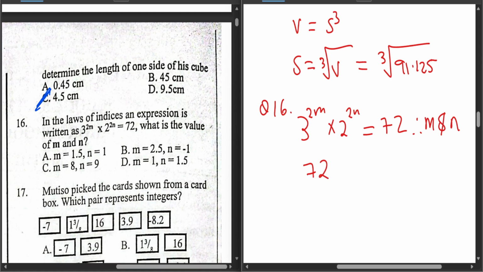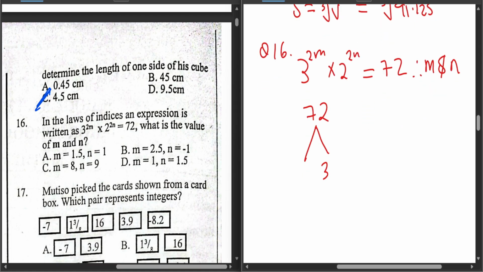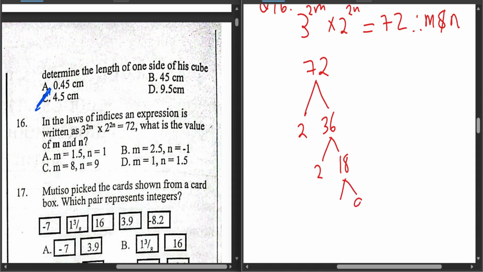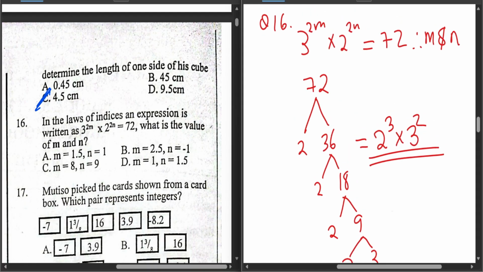Let's go to the 72 part and draw the factor tree. So 72 divided by 2 gives you 36. Then divide by 2 gives you 18. Then divide by 2 gives you 9. And then divide by 3 and 3. So this is going to give you 2 cubed times 3 squared.